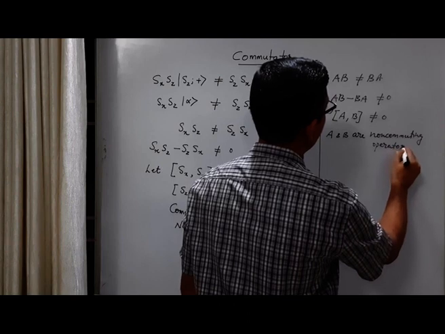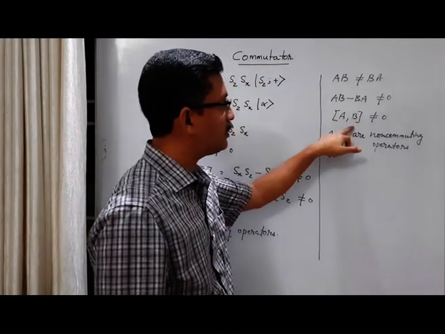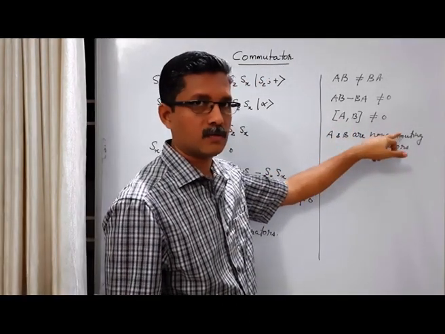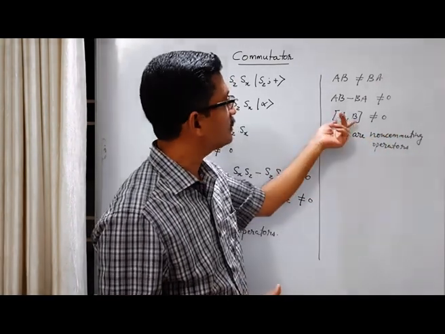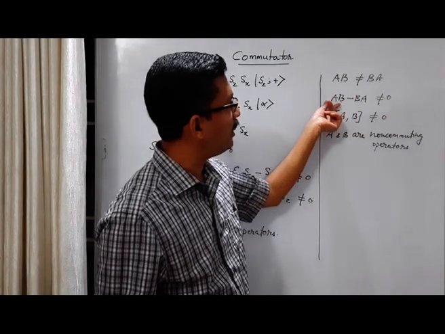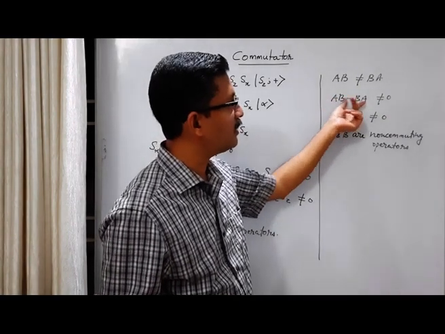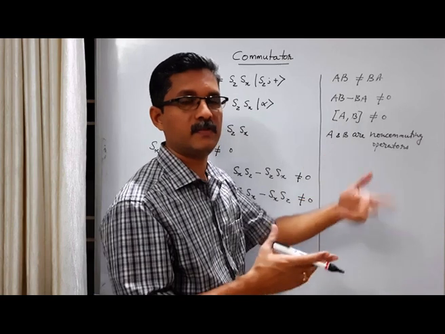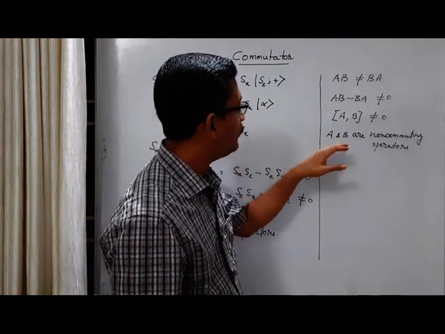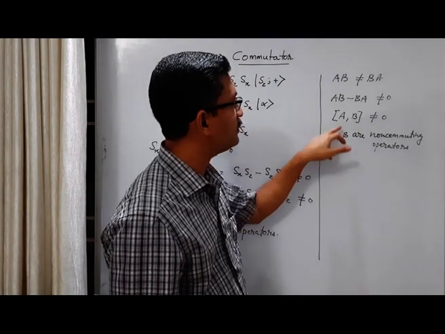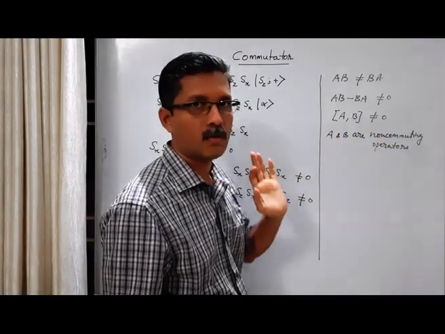So for two non-commuting operators, the commutator between the two operators is non-zero. Remember that this commutator is an operator, because it is nothing but AB minus BA. AB is an operator, BA is an operator, so we are taking the difference of two operators, which itself is an operator.